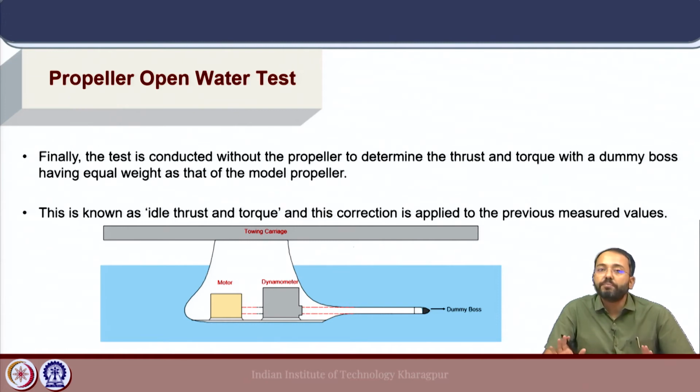So, here we do not have the propeller blade, the propeller is just replaced by a dummy boss, and these measurements are called idle thrust and torque measurements. This correction is to be applied to the values measured previously for the propeller thrust and torque to get the thrust and torque contribution only from the propeller blades.